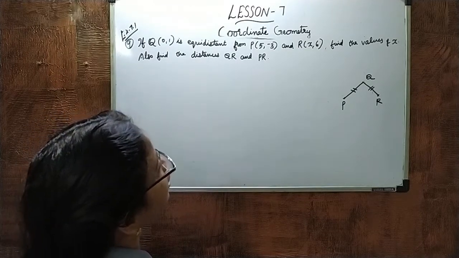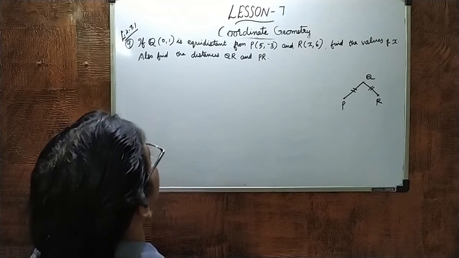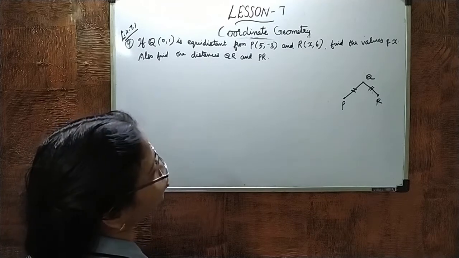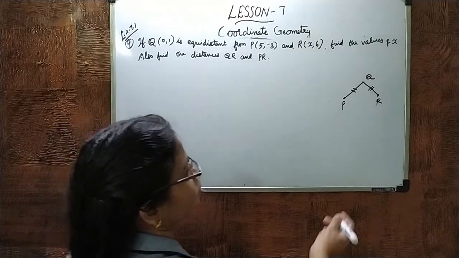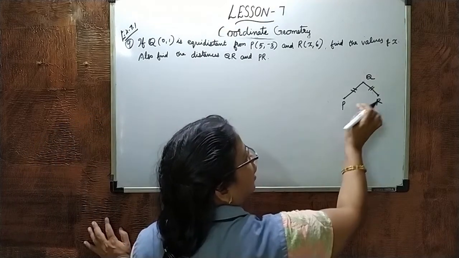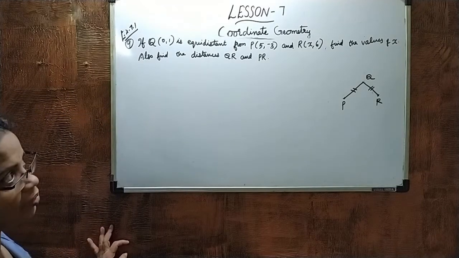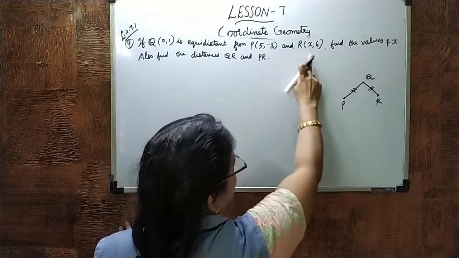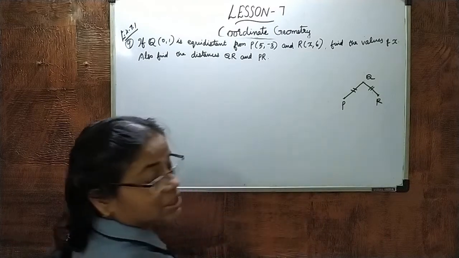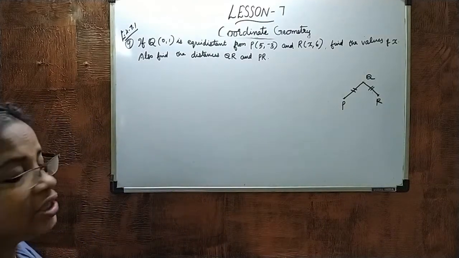Then find the values of x. Then also find the distances QR and PR. So you have to find out QR and PR also after getting the value of x. Because here x is there in the coordinates for the R, right?